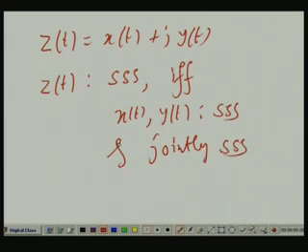Individually they are stationary processes and they are also jointly stationary, both in the strict sense.